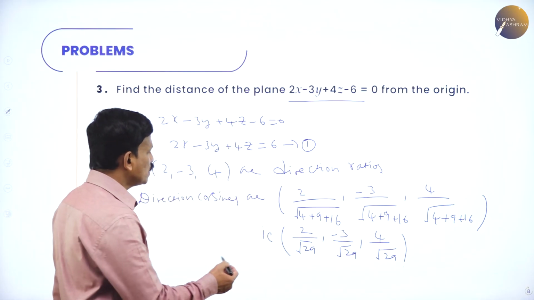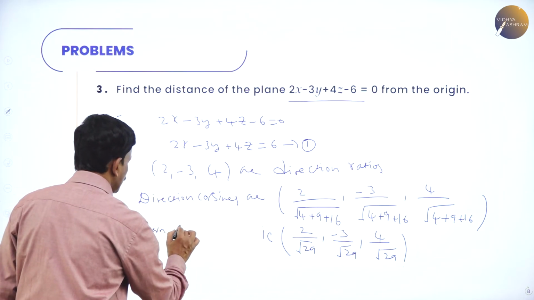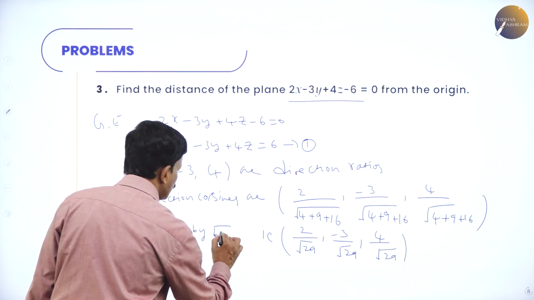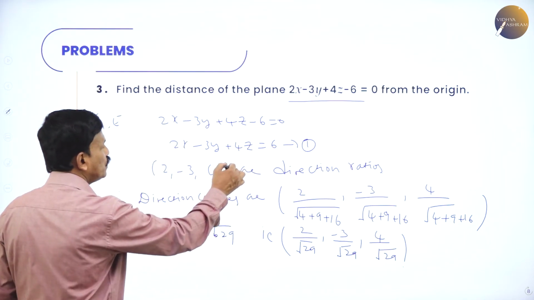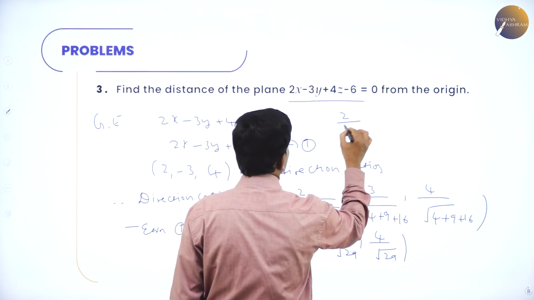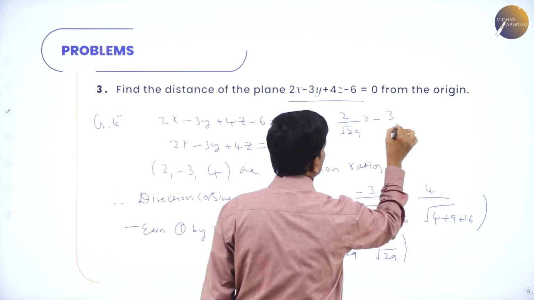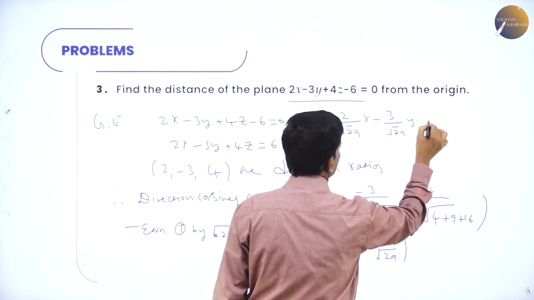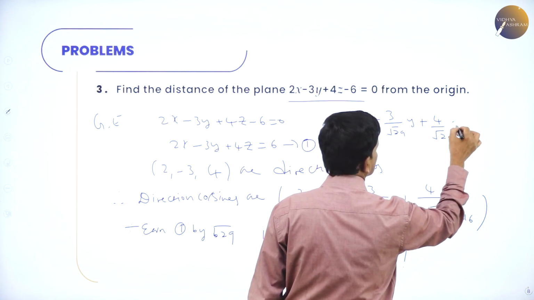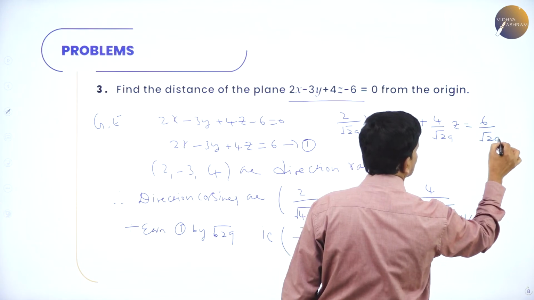Now, divide equation number 1 by root 29. If you divide equation number 1 by root 29, what will we get? 2 by root 29 into x minus 3 by root 29 into y plus 4 by root 29 into z is equal to 6 divided by root 29.